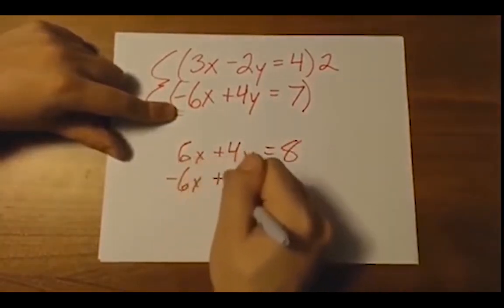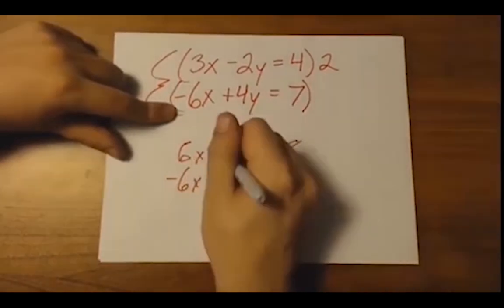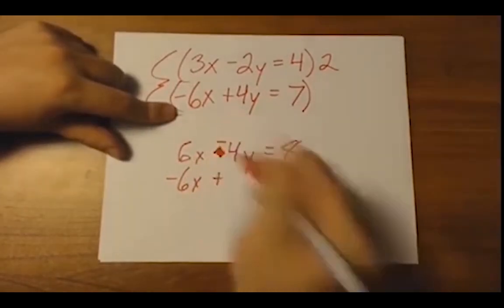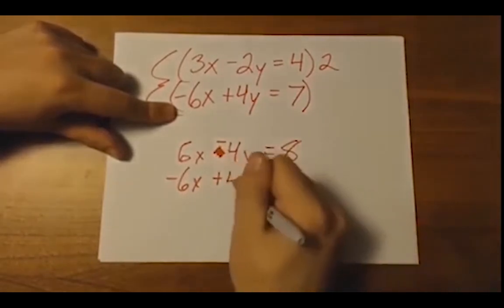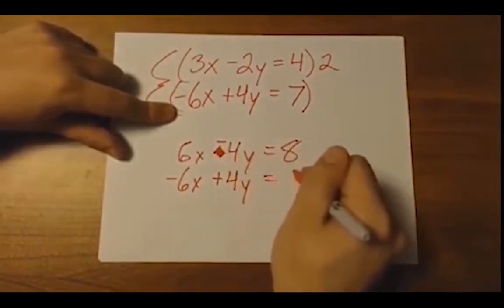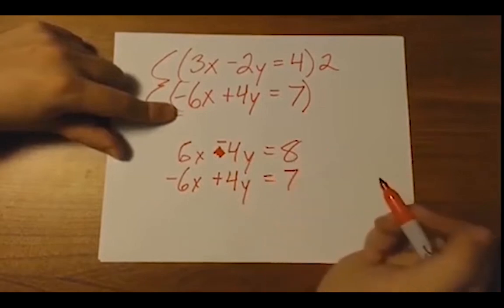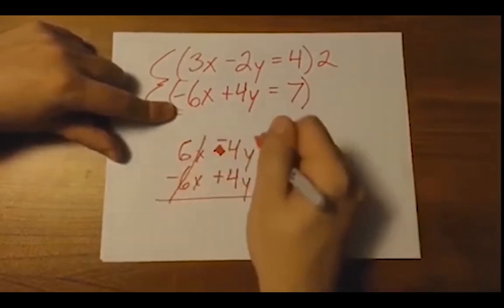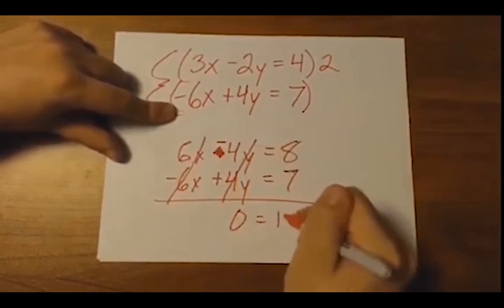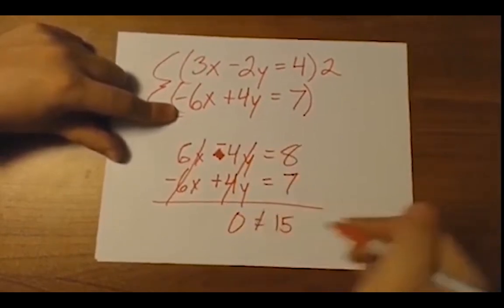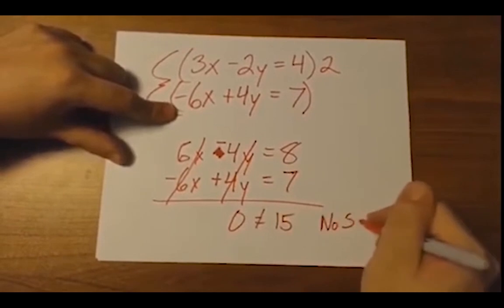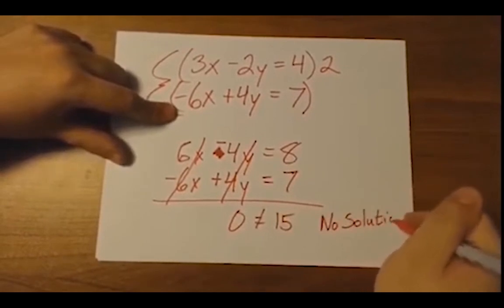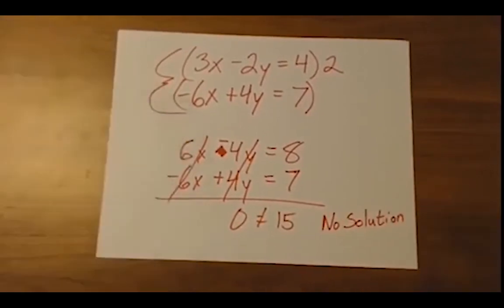Sorry, it should have been minus 4y on the top. If we leave the second one alone and add down, the x's cancel, the y's cancel, we get 0 equals 15, which is not true. So we get no solution. This is an inconsistent system because there is no solution.